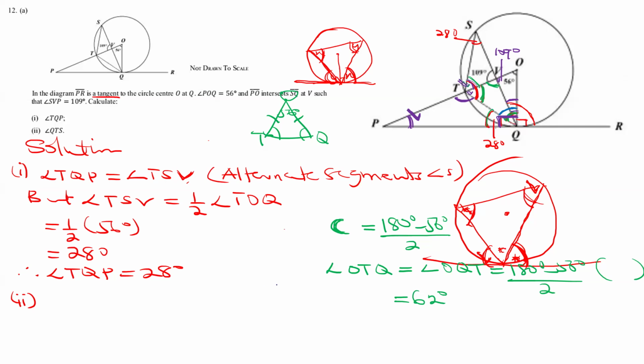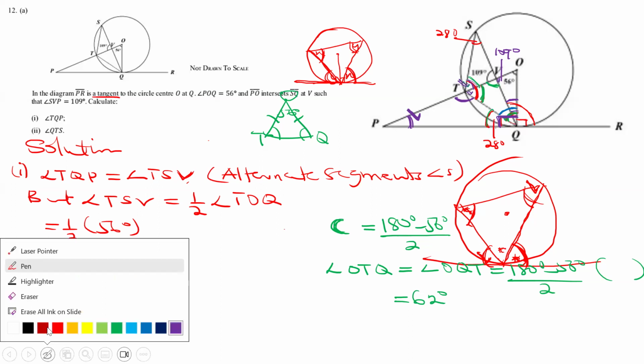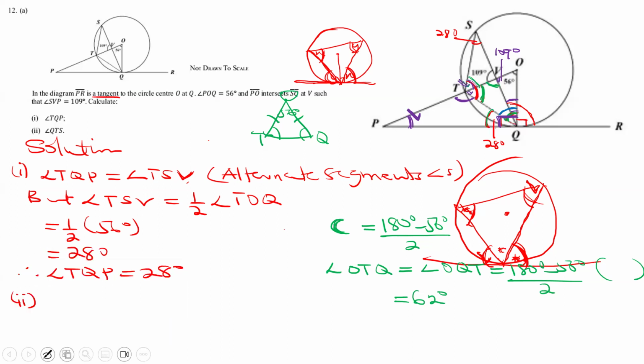So this is it. We've done the analysis together, but I don't know why I should belabor the point. Let me see. So we said we have found the angle, what? Angle T. So I know the angle OTQ is equal to angle OQT. And that should be equal to 180 degrees minus 56 degrees over 2.